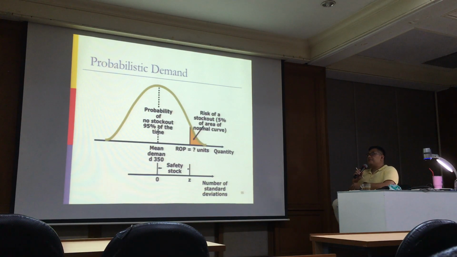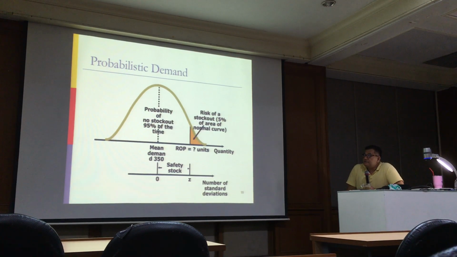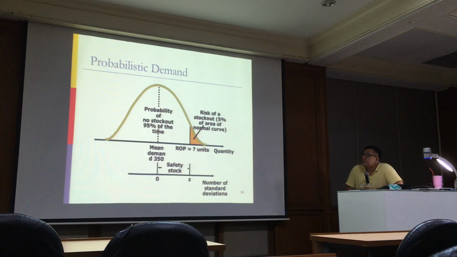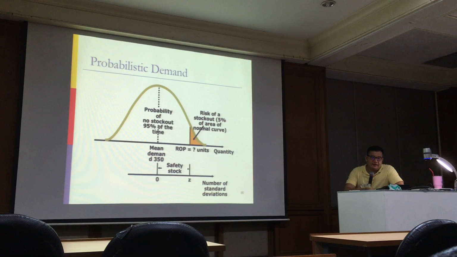So, just like this one. Probability of no stock out, right? 95%, because you have a safety stock. You want the stock out just 5% because service level is 95. So what would be the safety stock and the new reorder point? The new reorder point is X, right? So very simple, right?